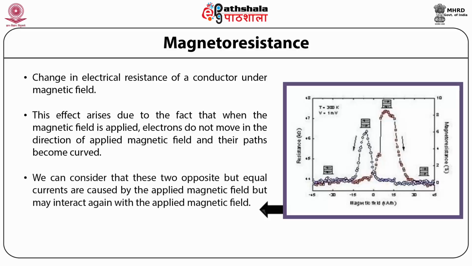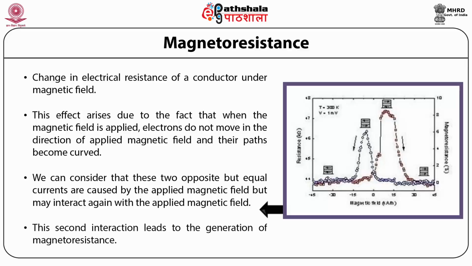So we can consider that these two opposite but equal currents are caused by the applied magnetic field but may interact again with the applied magnetic field. So this second interaction leads to the generation of magnetoresistance.